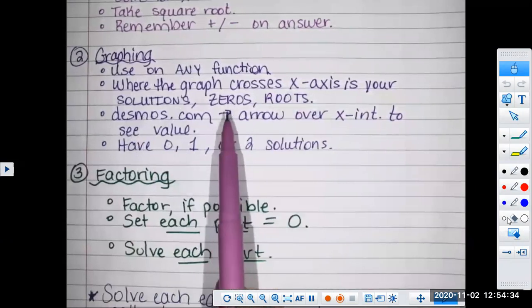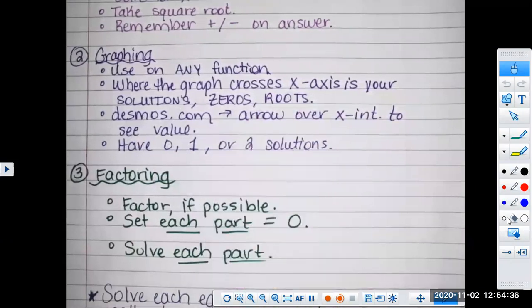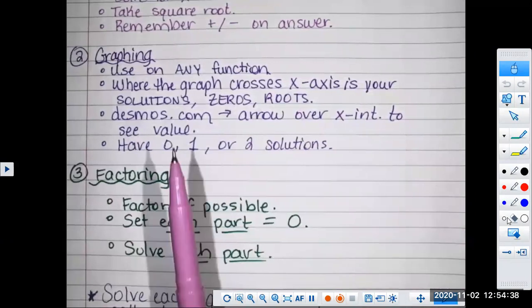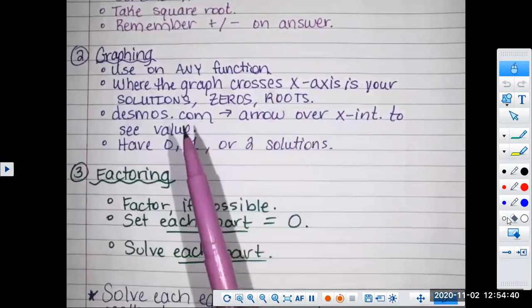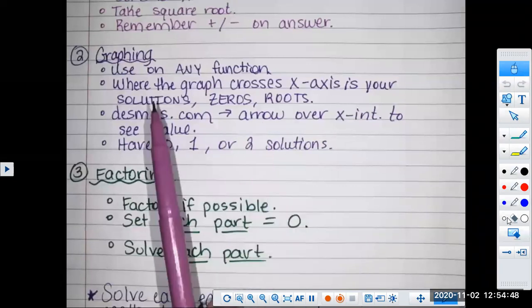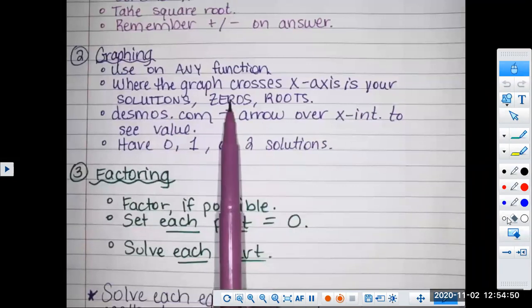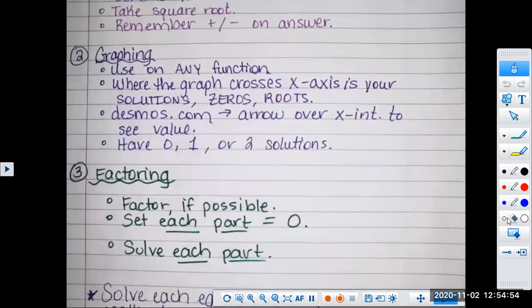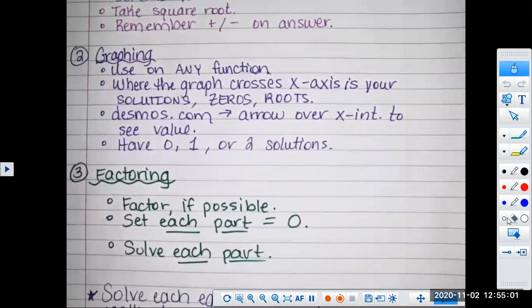Have you heard that before? Okay. Well, know that for a parabola, the two possible places where it crosses the x-axis, of course your x-intercepts, are also known as solutions, zeros, or roots. And the reason they're called zeros, if you're on the x-axis, what's y? Y is 0, good, when you're on the x-axis.